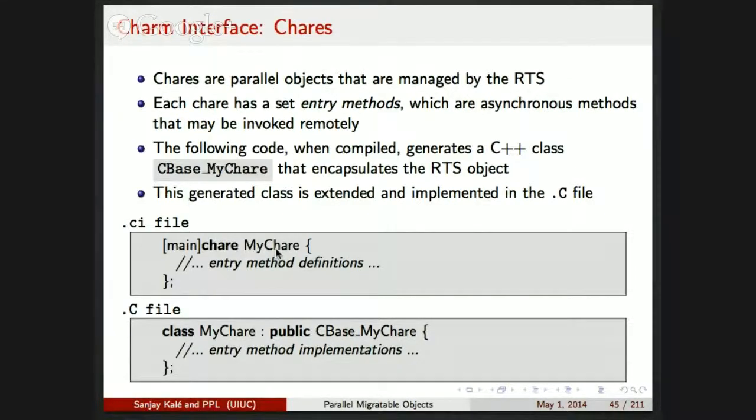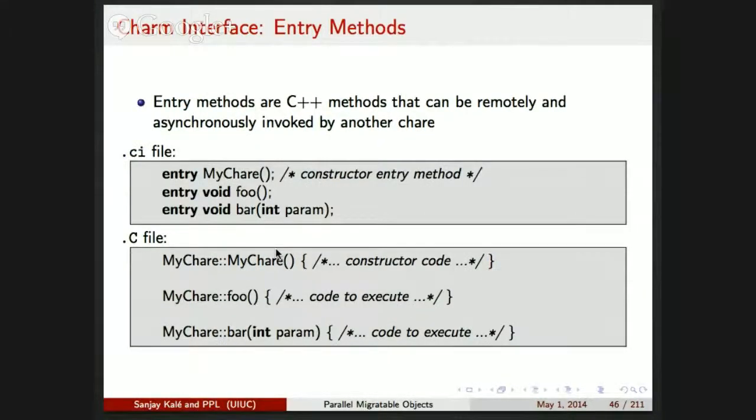The generated class is then extended and implemented in the .C file. So here you'll have class MainChar, and it inherits from this generated base class. Our entry methods can be remotely invoked, and that invocation is asynchronous.